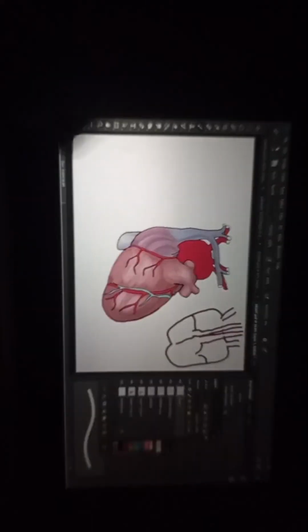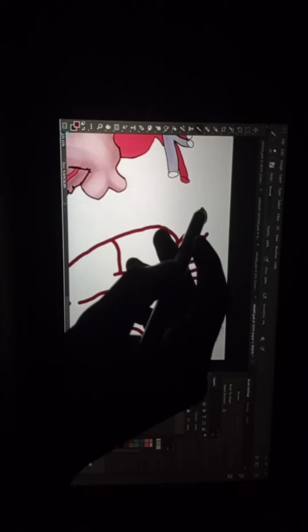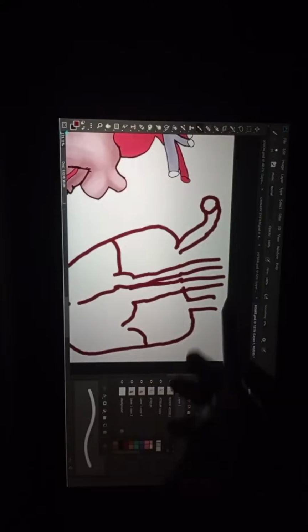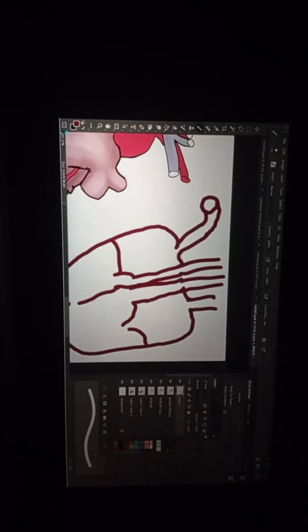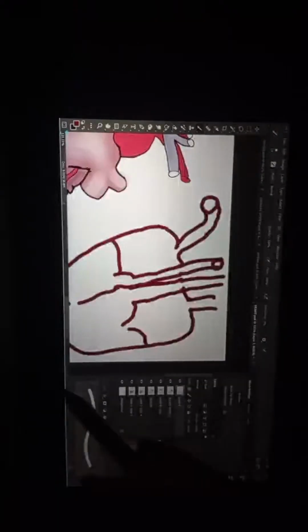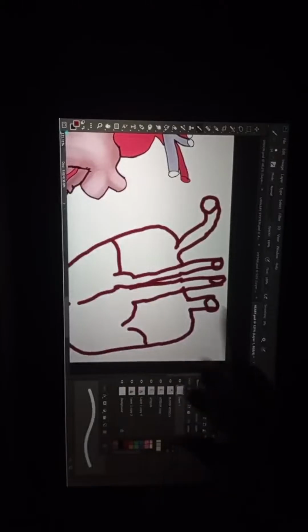So conventionally, the heart is just drawn like this. This is a pipe. This is where blood comes in, and this is where blood can go out, and this is another way of taking blood out, and this is entry.